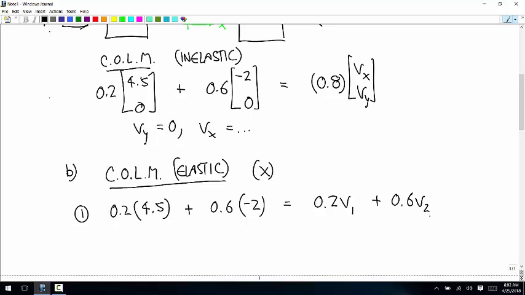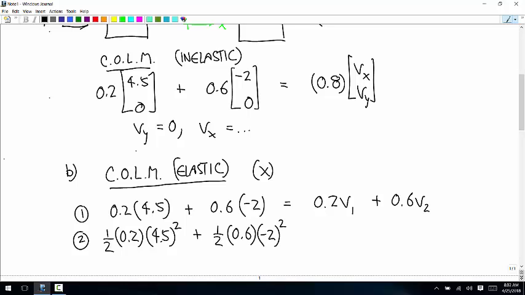That's one equation for two unknowns. And then we'll use 1/2 times the mass of the first one times its speed squared plus 1/2 times the mass of the second one times its speed squared is equal to 1/2 times 0.2 times V1 squared plus 1/2 times 0.6 times V2 squared. Now you have two equations for two unknowns and you can solve it.